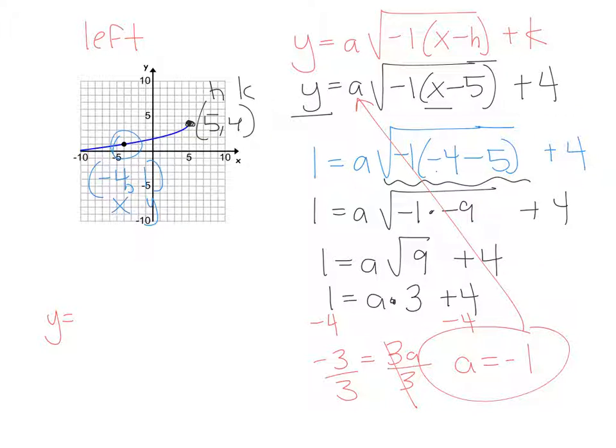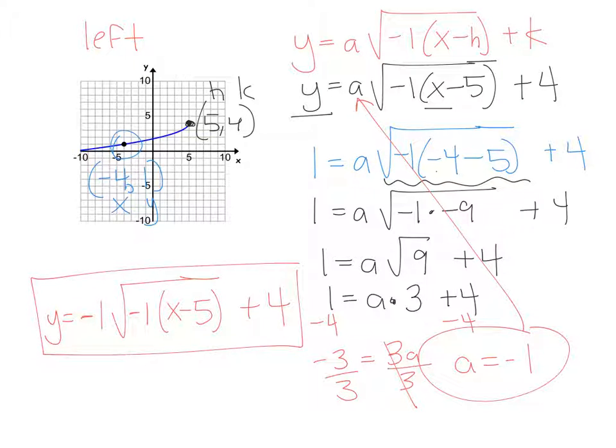Y equals negative 1 times the square root of negative 1, parentheses, x minus 5, and then outside the parentheses, plus 4.